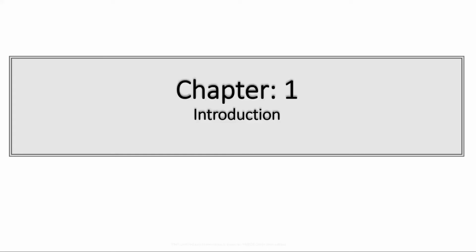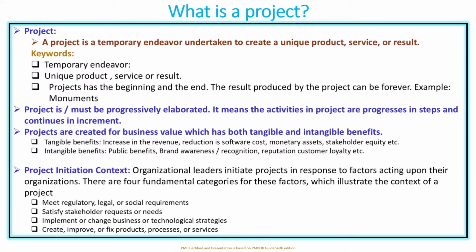Because there are certain tasks which we will not be doing forever. We start at some particular phase and we end at some particular phase, right? So if you want to understand what a project is, there will be a series of tasks which need to be completed in order to reach a specific outcome, right?